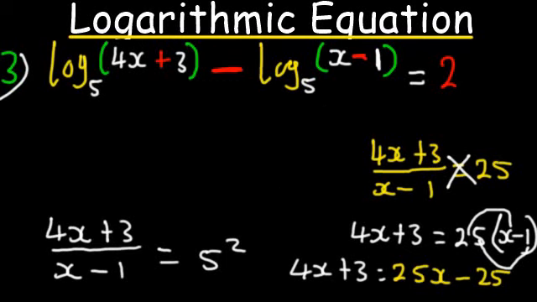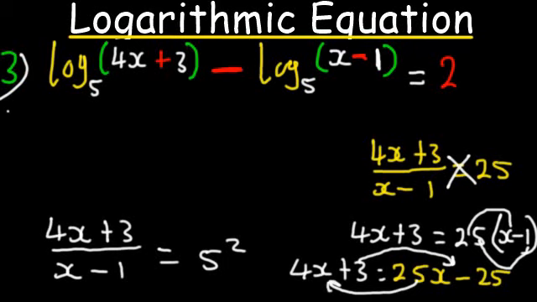Now let's bring any value that is associated with x to the left hand side and leave the constant value to the right hand side. So definitely we have to bring 25x to this side and plus 3 to this side. Good.